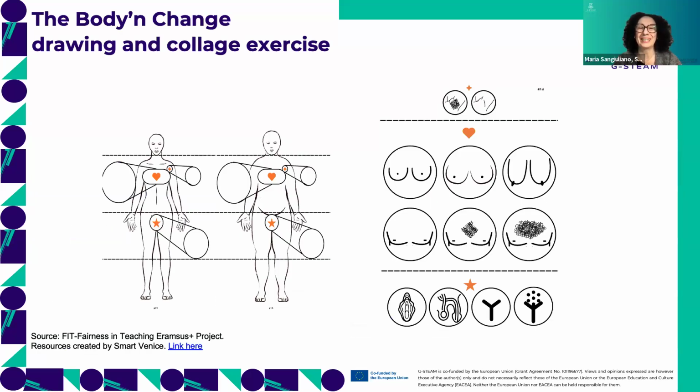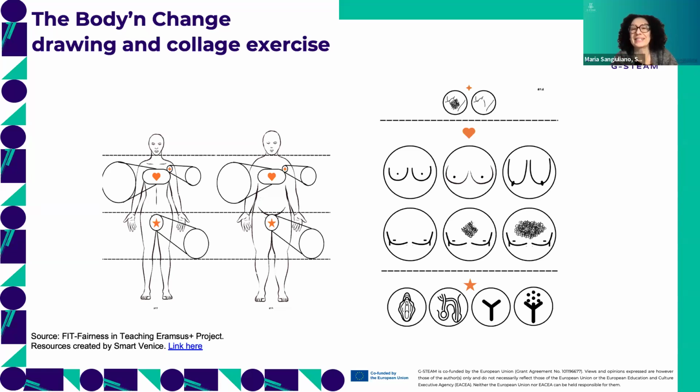To continue, another creative activity that we designed, targeting late primary elementary school students this time, is a set of materials for the body and change drawing and collage exercise, where we engage children in expressing and reflecting on perceptions of how body is changing, how gender is expressed, and so to get familiarized with self-perception and bodily self-perception.